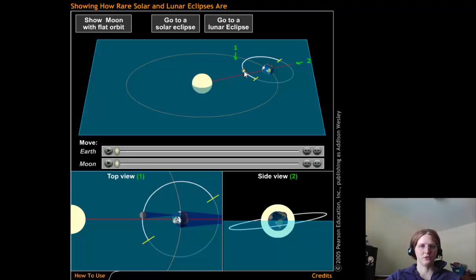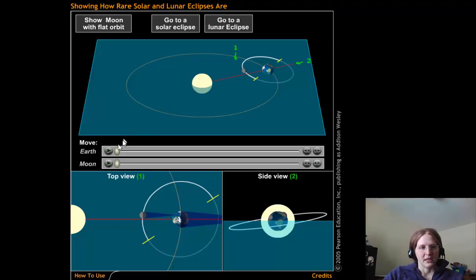The moon is going to orbit the earth on its orbit here, and at some points in its orbit, here on this wider part, it's going to be above the ecliptic plane, and then down here is going to be below the ecliptic plane. And here's a node right there, right when it crosses, and there's the node right when it would be on the ecliptic plane.